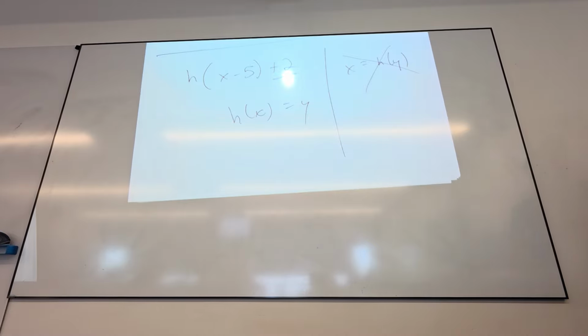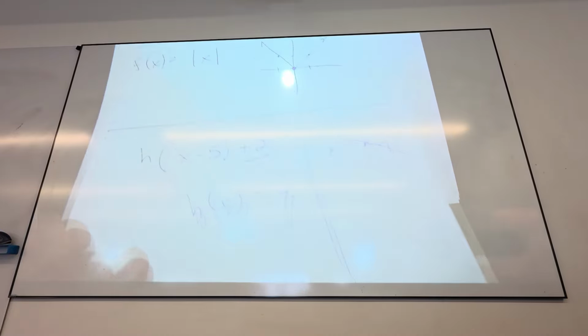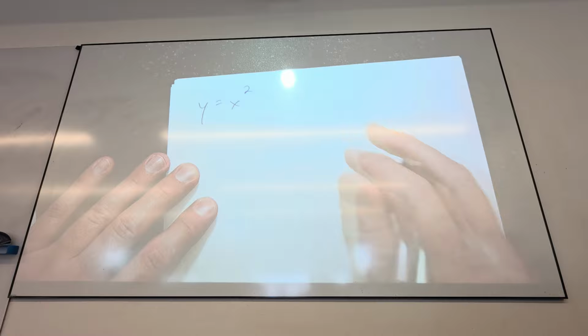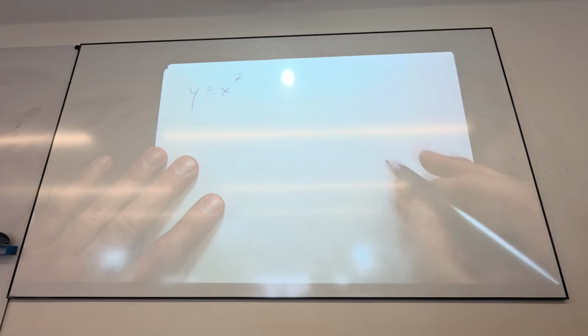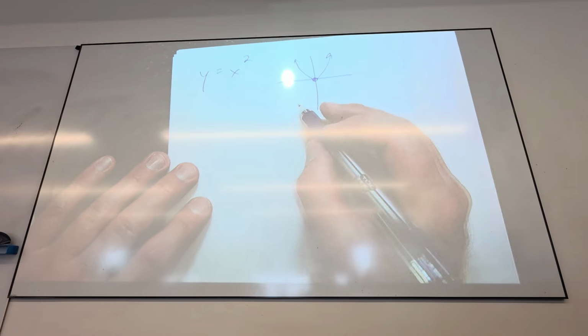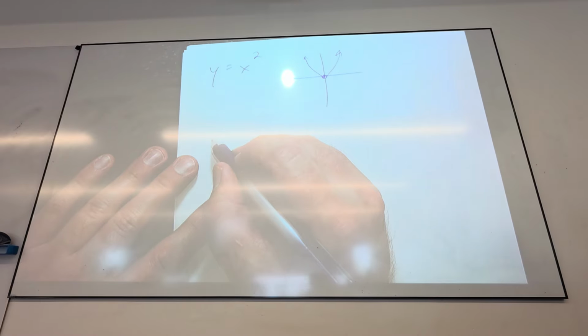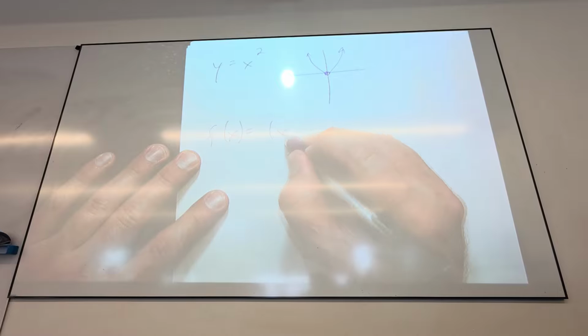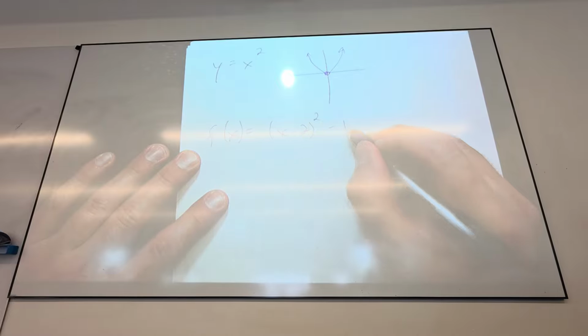So what this led into was a quick way to find the vertex. Where's the vertex for y equals x squared? Where's the vertex? 0, 0. So does anyone remember, without graphing, without doing much work at all, how to tell where the vertex is for this?